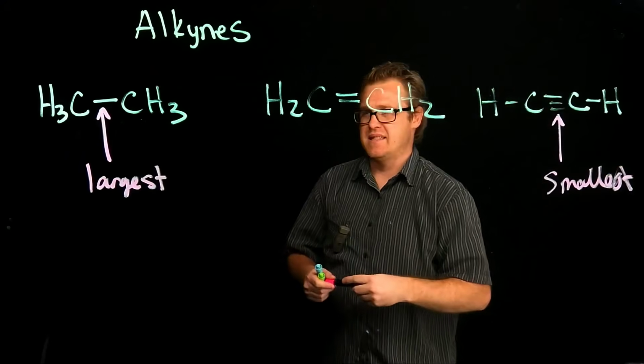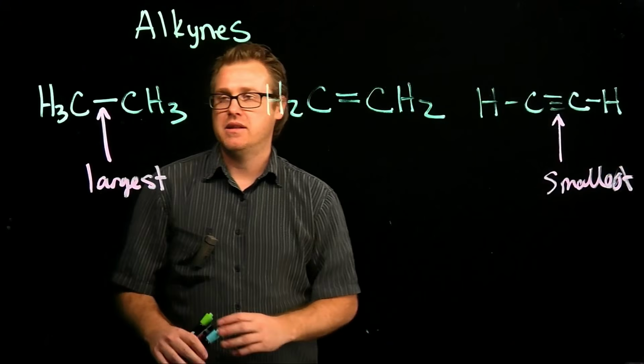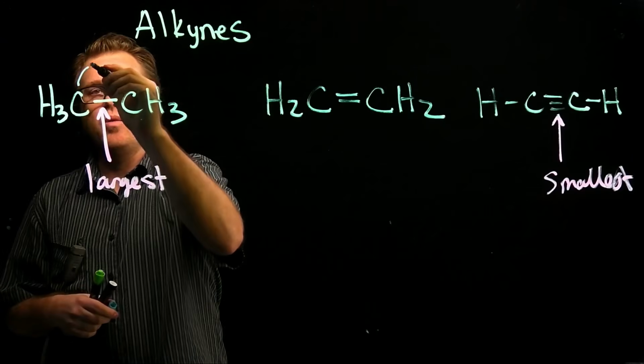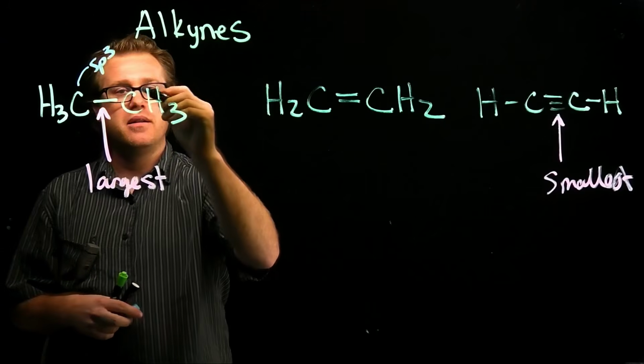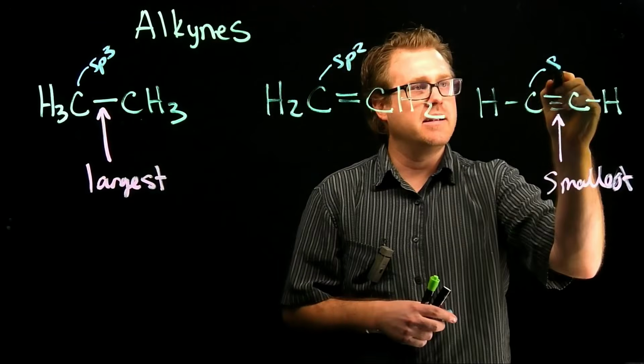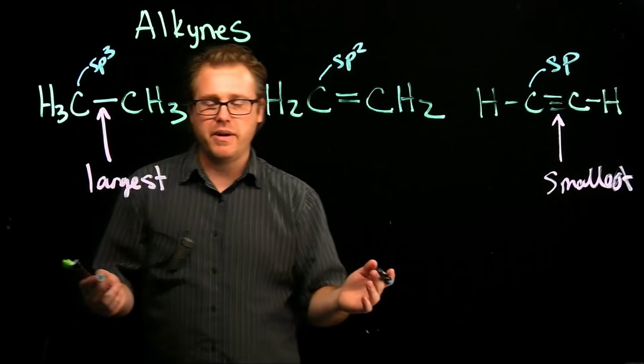Now, why is that the case? Well, one reason is its hybridization state. These carbons right here are sp3 hybridized. This one's sp2, and that is sp. So what are we doing?